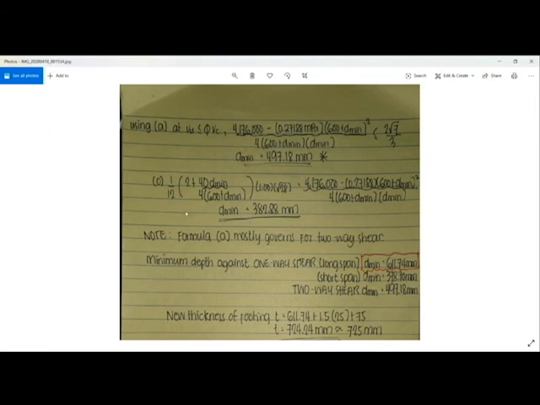If we use formula C as our Vc, this will become 382.88 millimeter. So we also found out that formula A mostly governs for two-way shear.